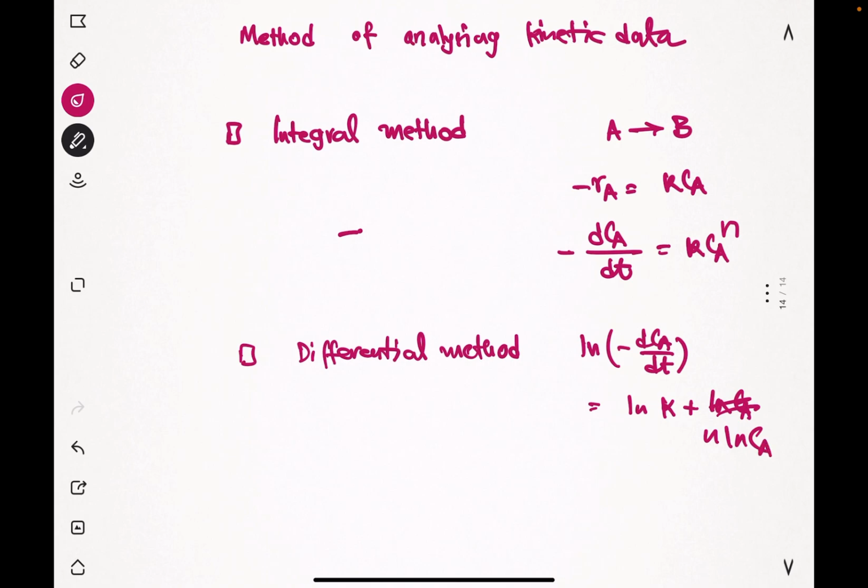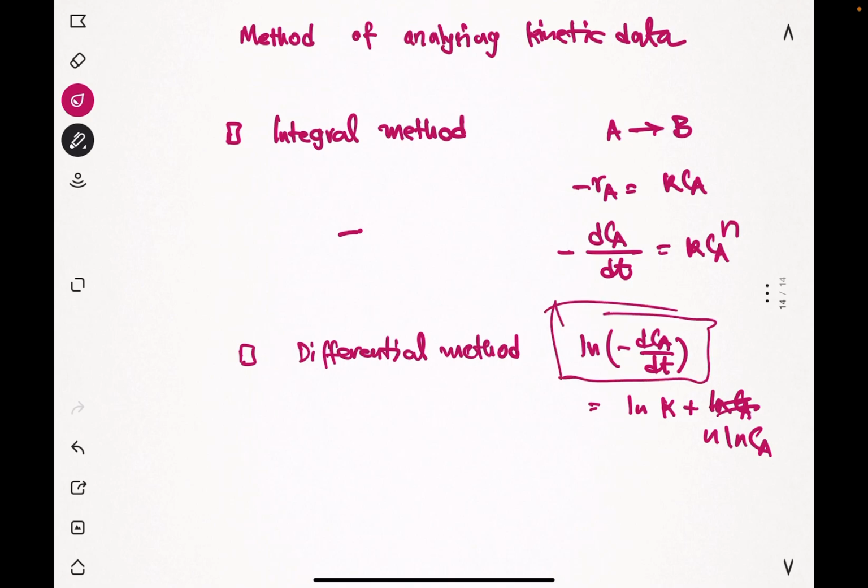So from the slope, we can figure out the order. Even without knowing the order, the differential method will give us the order of the reaction. The problem we have is with this term.